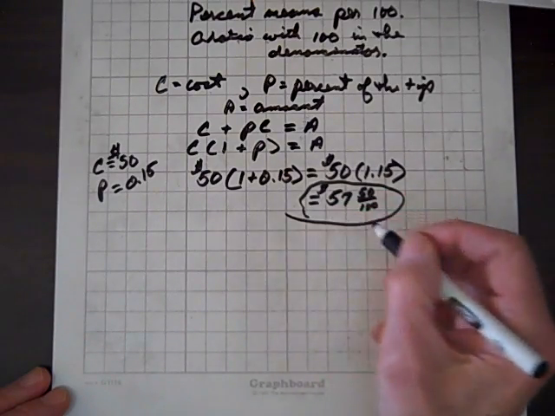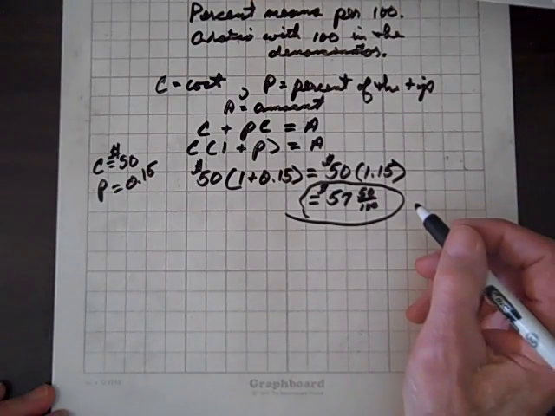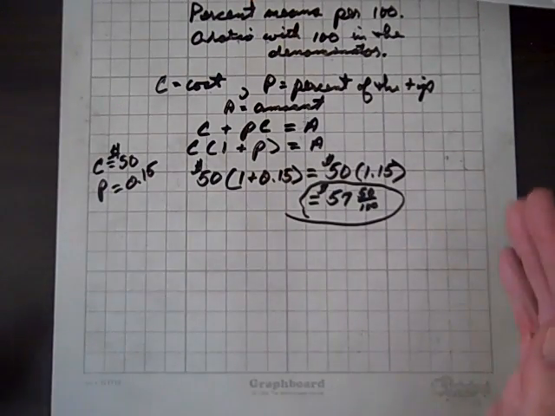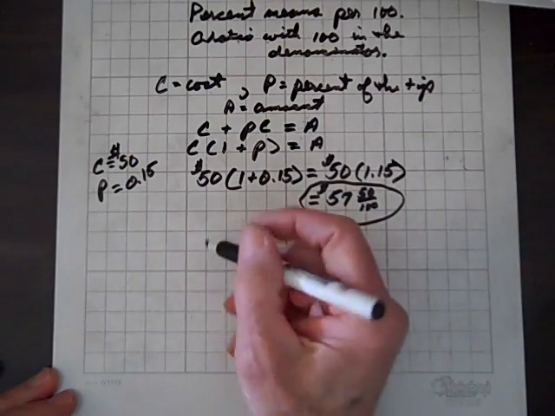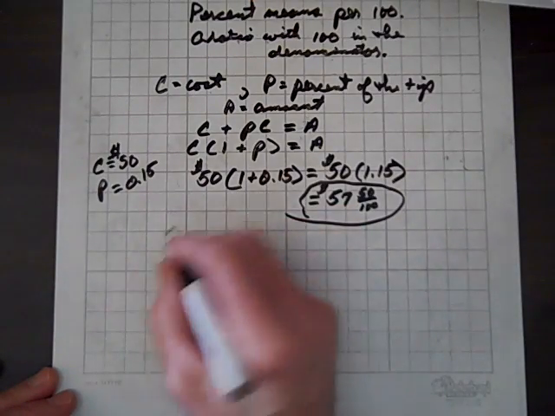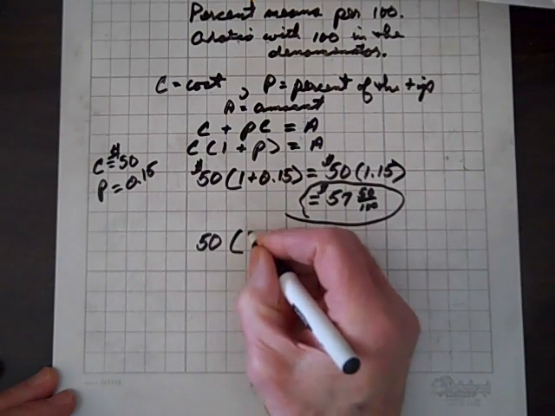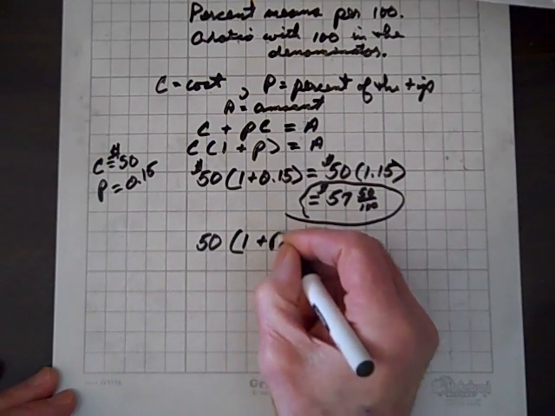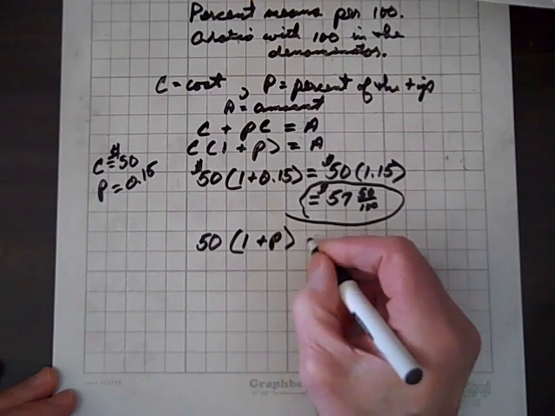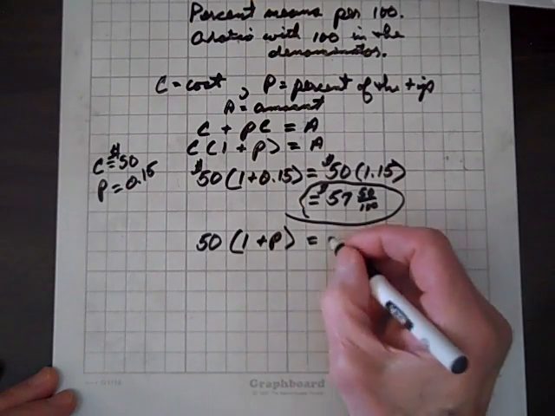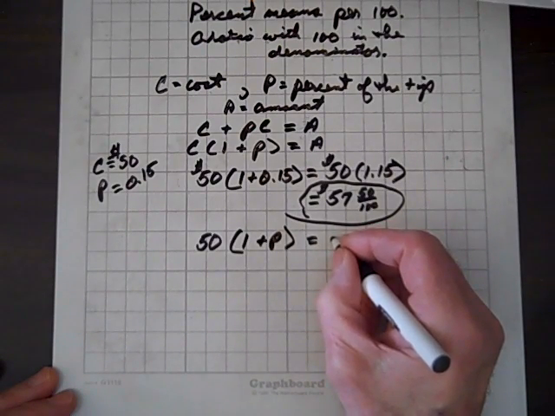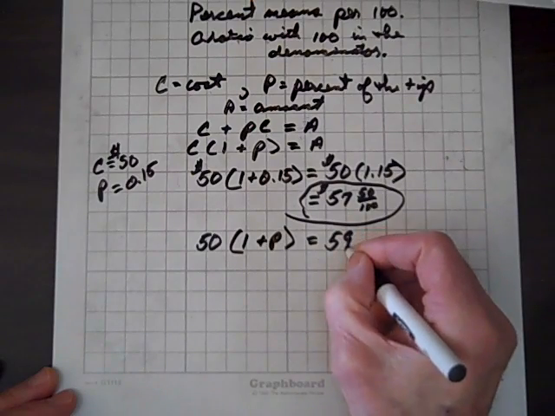Now, what if we didn't know what the percent was? What if we just have a meal and the cost is $50, plus the percent, and we just leave $9 on the table for a tip, so we've got an amount of $59.